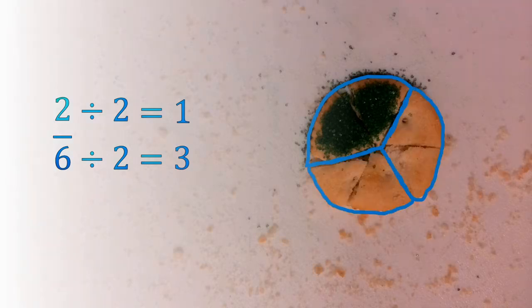Now, how much of this cracker is covered in sprinkles? Well, one way of looking at this is that we have 6 pieces, and 2 of these pieces are covered in sprinkles. So, 2/6 of this cracker is covered in sprinkles. Another way of looking at this is that we have 3 groups, and one of those groups is covered in sprinkles.